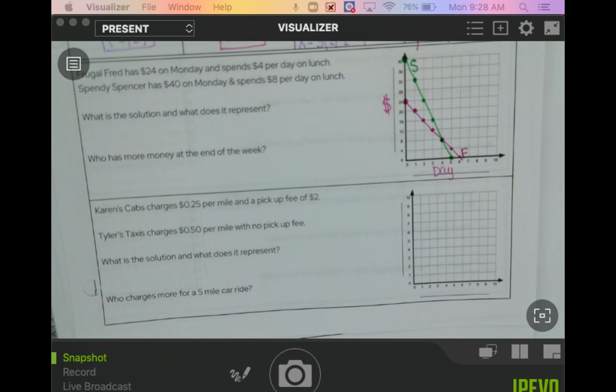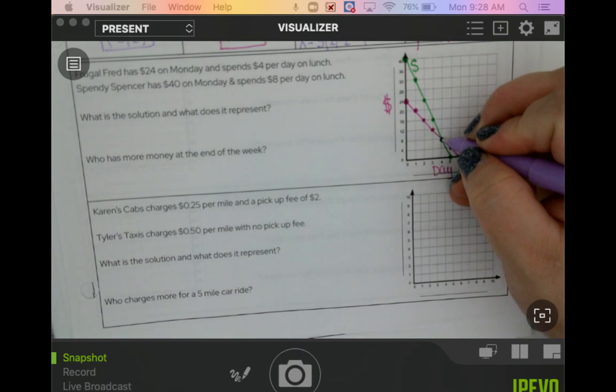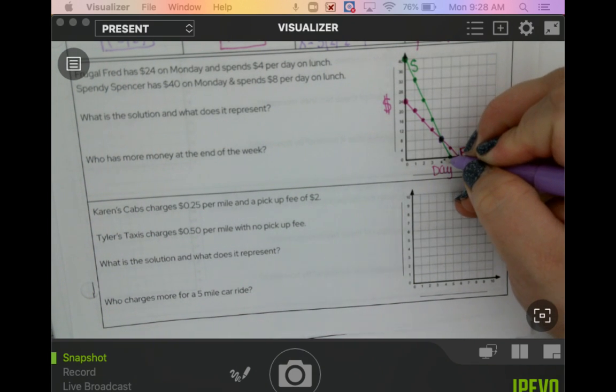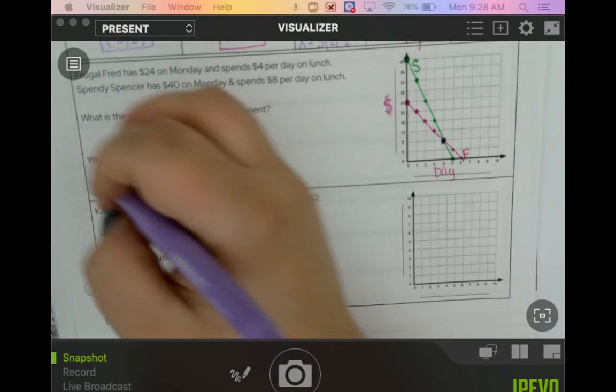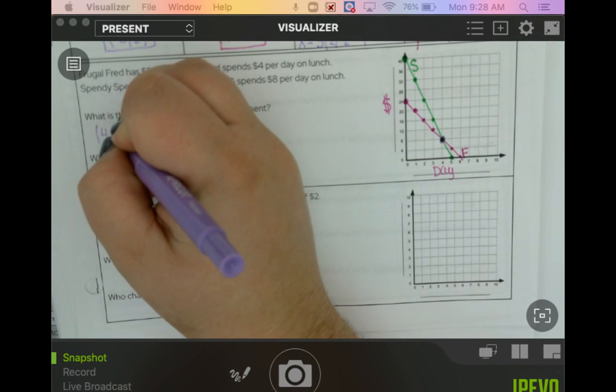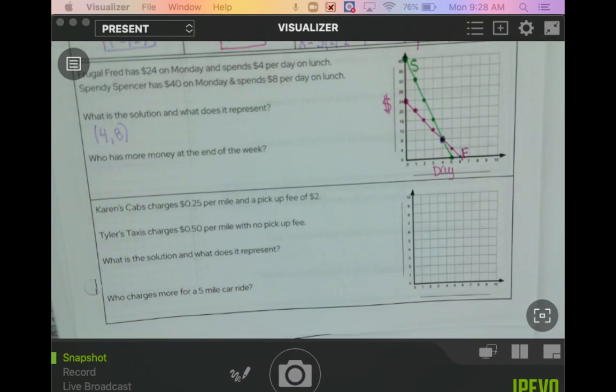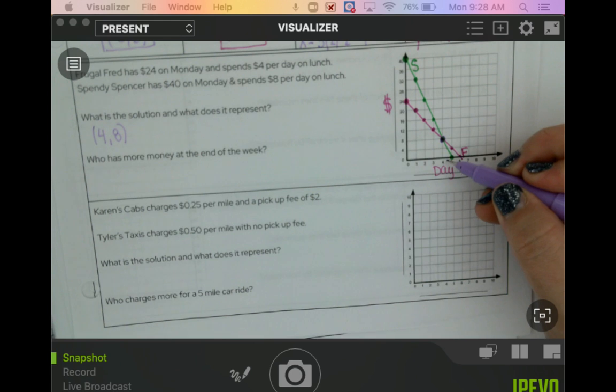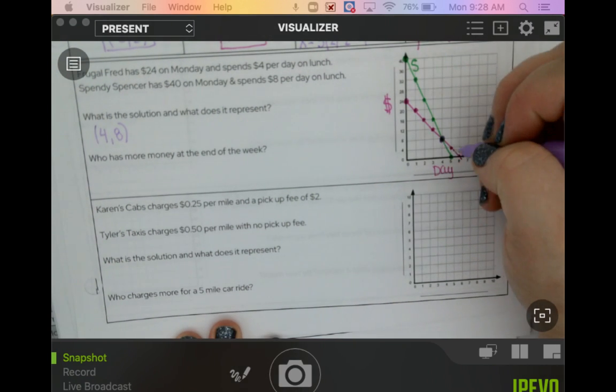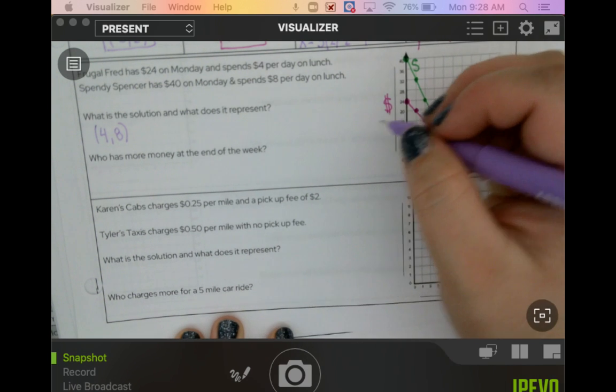And what we want for our answer is the solution where they cross, right here at 4, 8. And what you have to do is interpret what this means. It's not that hard because the 4 is on the days axis, the 8 is on the money axis.